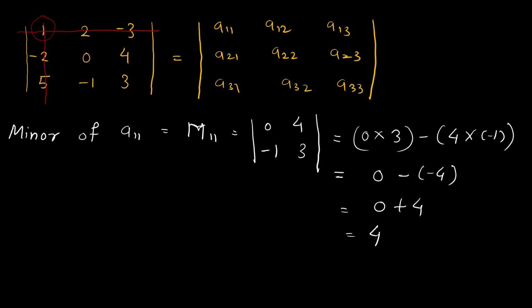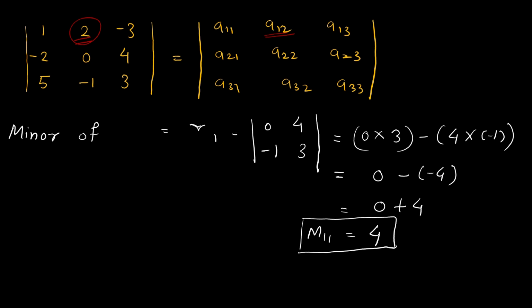So let's find M12. For that you will look at A12, which is 2. You have to find the minor of A12, which will look like capital M12.